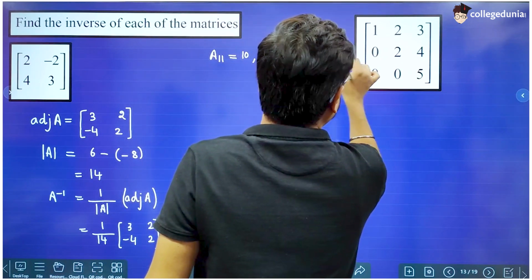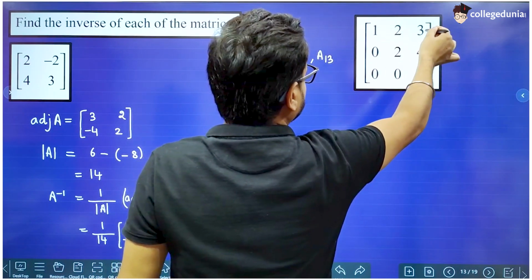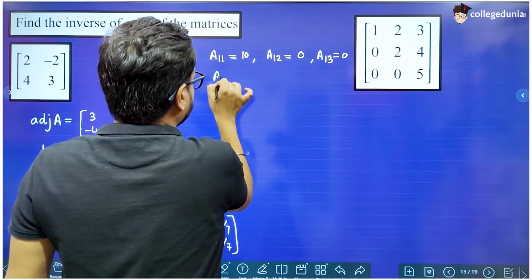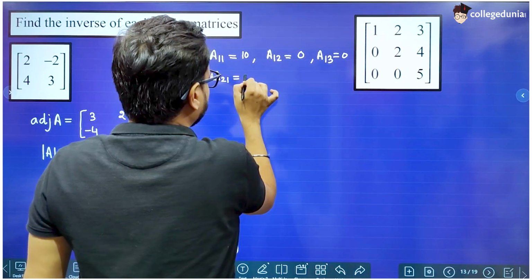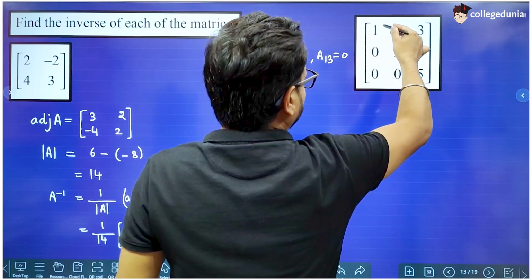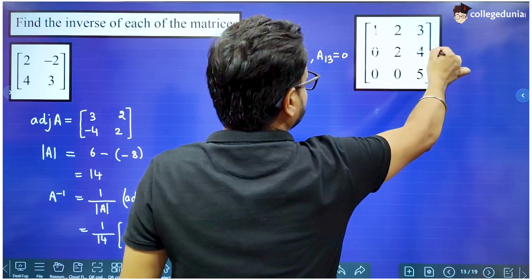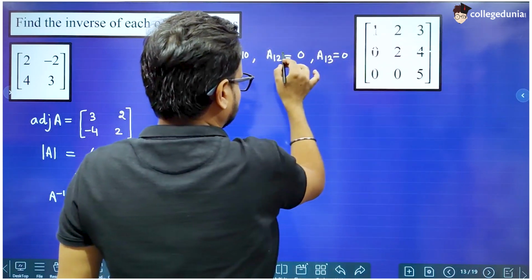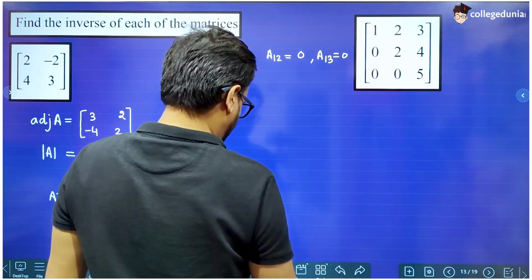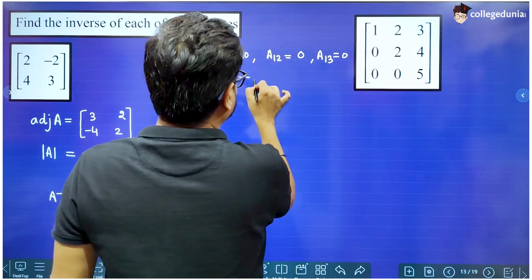A13, leave this and this, then again it is 0. A21, negative, leave this and this, and this and this, right? So 10. 5 into 2, 10, 3 into 0 is 0, so it is 10.